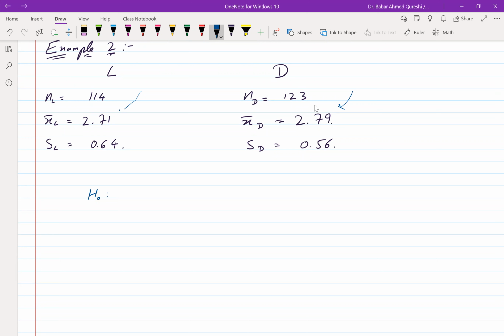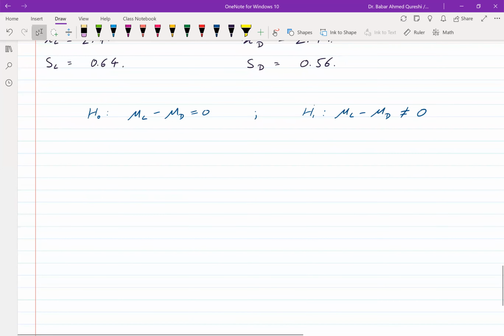So they start with this hypothesis that the population average for the on-campus students minus the day scholars is 0. And they're testing it against the two-sided hypothesis, because they're not assuming anything in the beginning about which one they expect to have better GPAs. That this is not equal to 0.